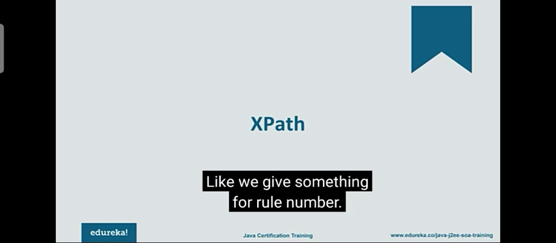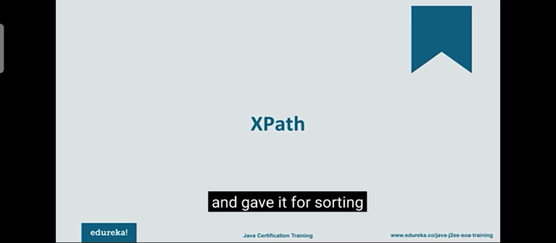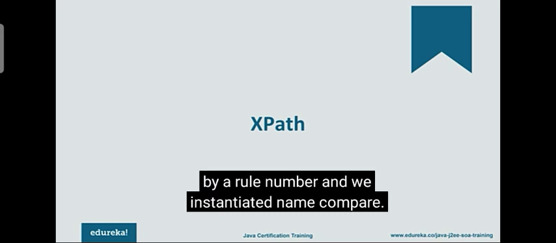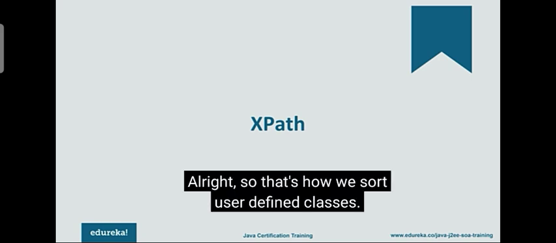Like we instantiated the roll number comparator and gave it for sorting by roll number, and we instantiated the name comparator for sorting by name. All right, so that's how we sort user defined classes.